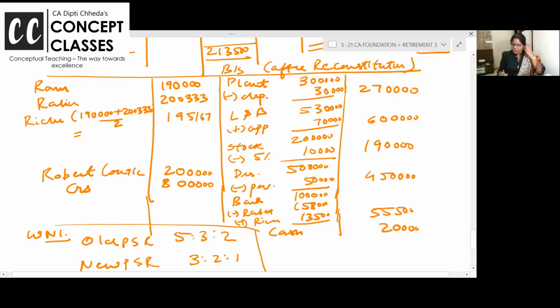And loan from Richard is not there. Now it's time to do the balance sheet total. Total of the balance sheet is 15,85,500.